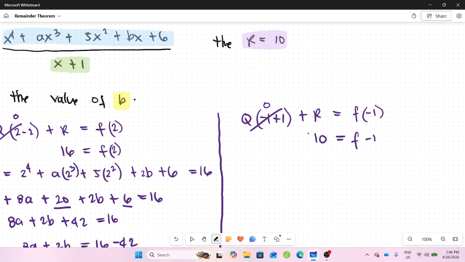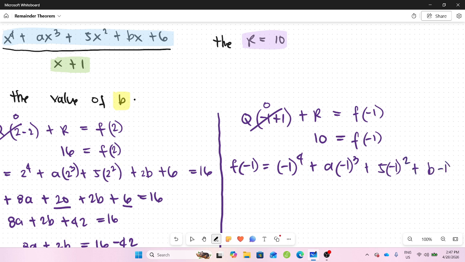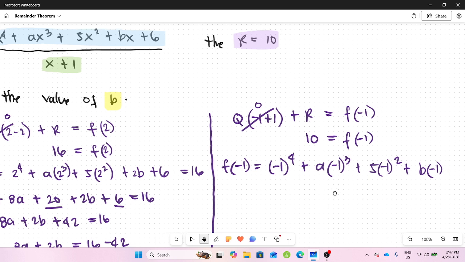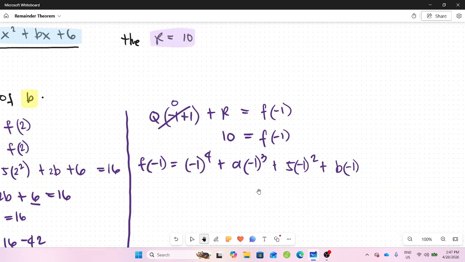So f of negative 1. Let's continue. So negative 1 to the power of 4, plus a times negative 1 to the power of 3, plus 5 times negative 1 to the power of 2, plus b times negative 1, plus 6. We're just substituting here the value of x.